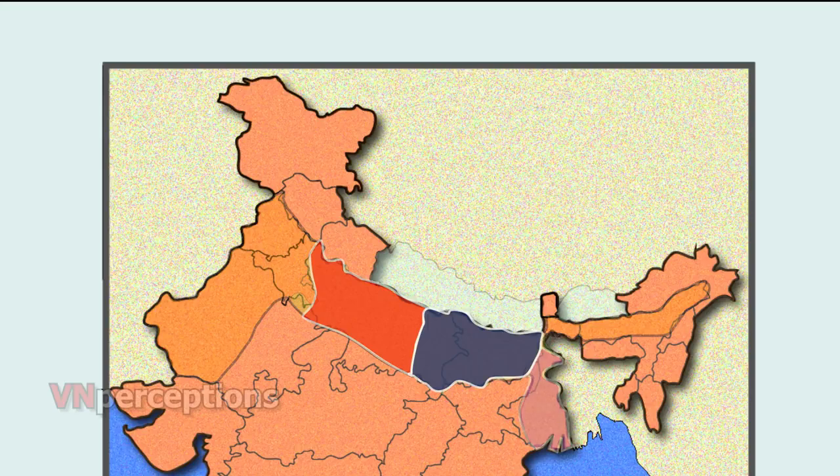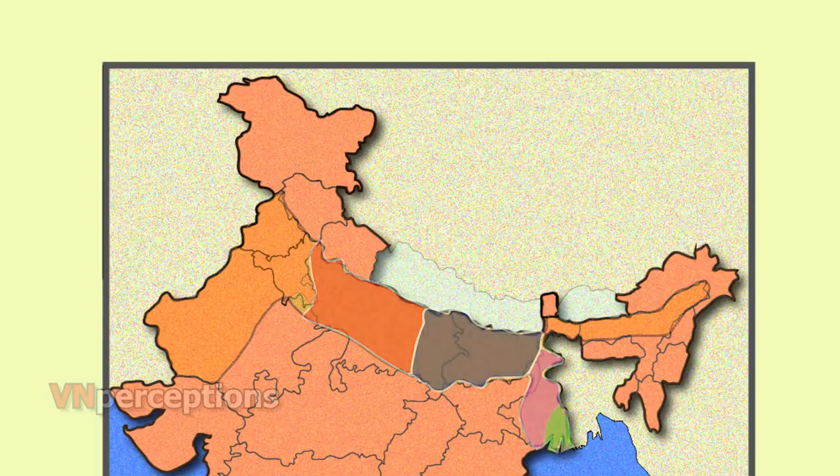The middle Ganga plain extends up to an average of 600 kilometers in length and an average of 330 kilometers in width. It is located in eastern Uttar Pradesh and Bihar. The lower Ganga plain is located in West Bengal.